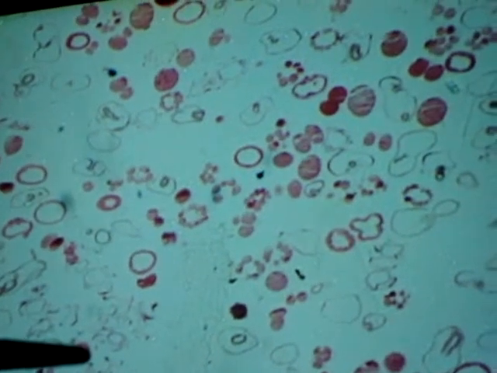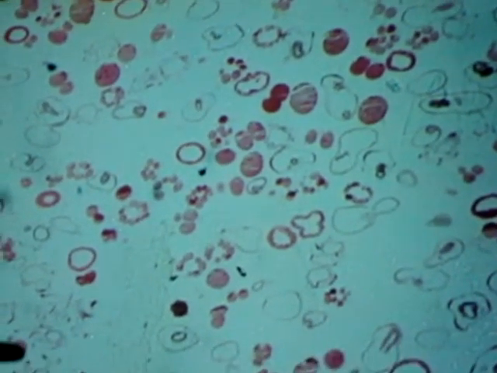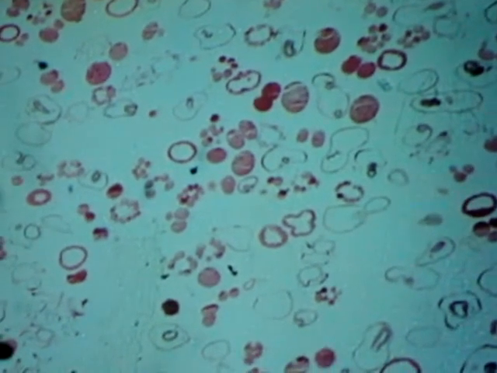That's the morula. Something like up here would probably be an early one. That one as well. So just where you see a clump of cells together, that would be your morula.